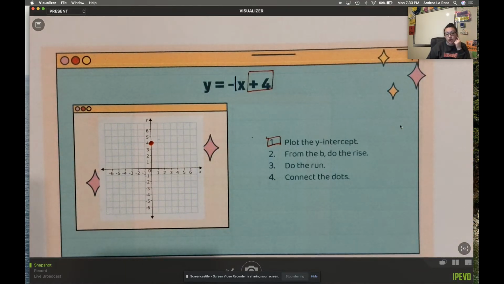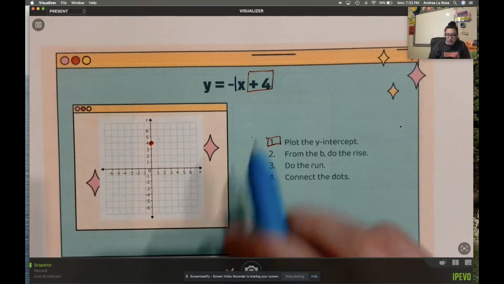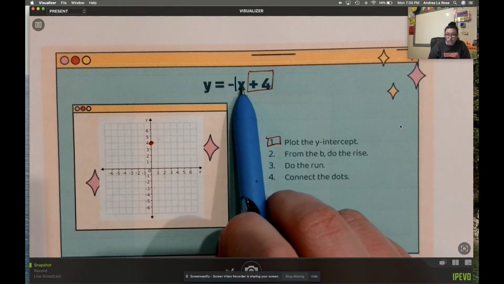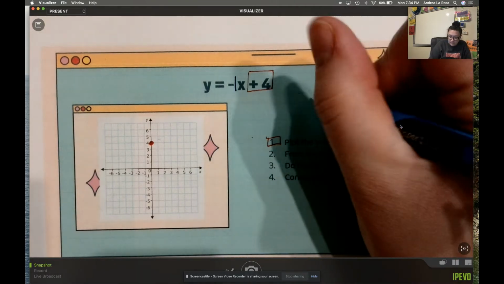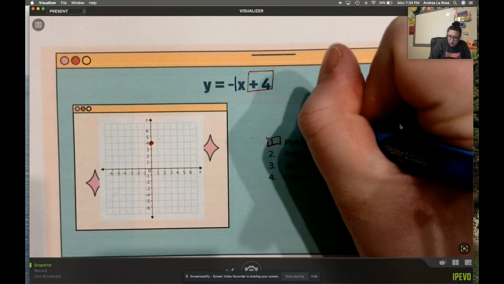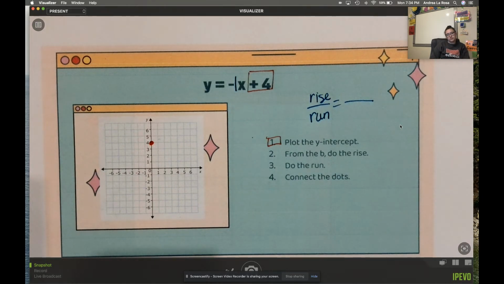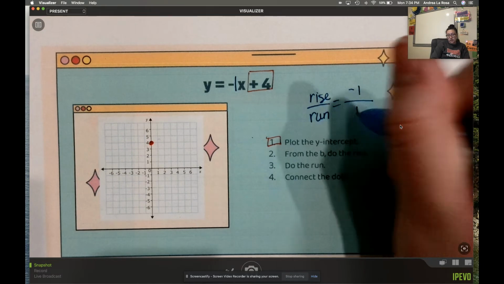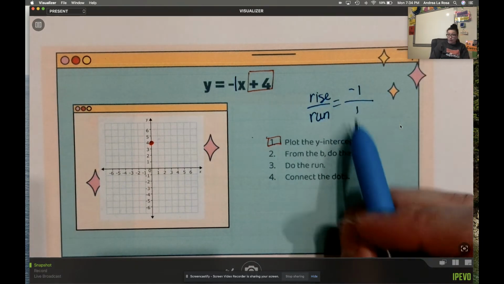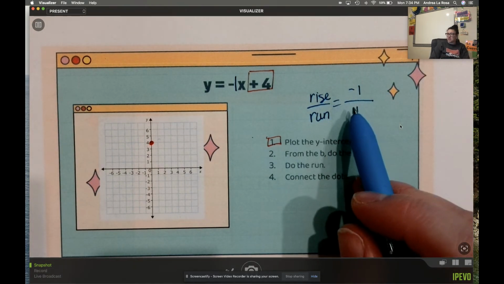That invisible 1. Math people are lazy. 1 times x is x. Negative 1 times x is negative x, or the opposite of x. So I know that there's really a 1 in that spot. So what would that be for my slope then? What would be my rise? What would be my run? It should be negative 1/1. I can't have them both be negative, because a double negative makes it positive.